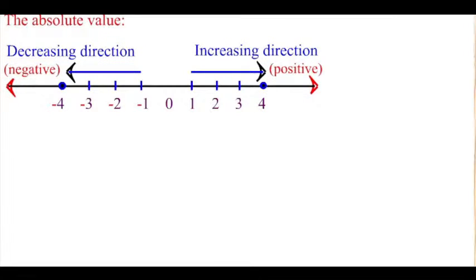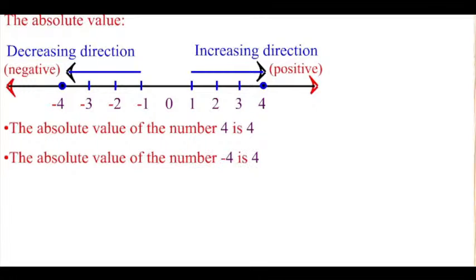The absolute value. On the number line, the number of units that represent the distance between 0 and the number 4 is 4 units in the positive direction. The number of units that represent the distance between 0 and the number -4 is 4 units in the negative direction.